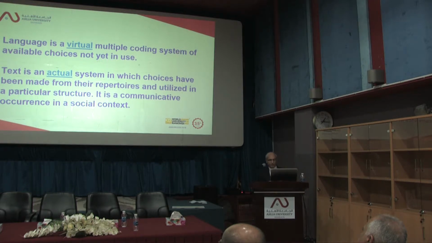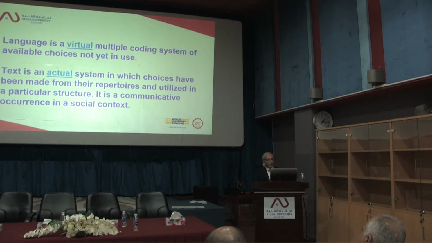Text, on the other hand, is an actual system in which choices have already been made from their repertoires and utilized in a particular structure within a particular context. Text is a communicative occurrence that is made by participants in real time in a social context. If this occurrence is non-communicative, it is then non-text.